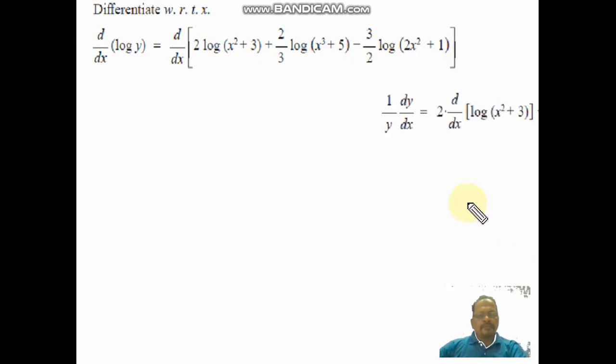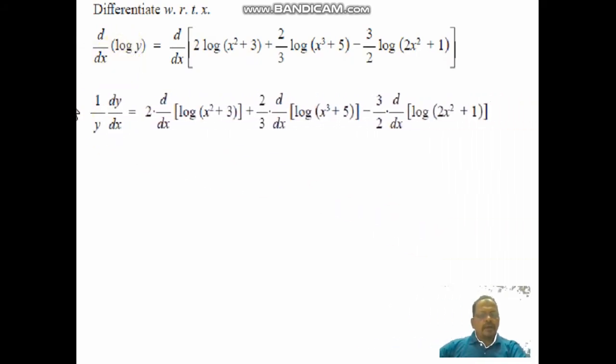Next step, derivative of log y is 1 upon y dy by dx. Now here constant taken outside, derivative of log x square plus 3. Constant 2 by 3 taken outside, derivative of log x cube plus 5. Again constant minus 3 by 2 taken outside, derivative of log 2x square plus 1.